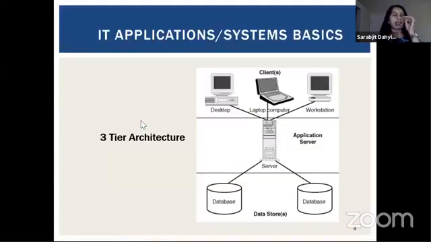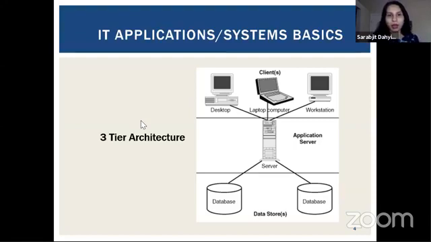So when we're looking at the business analyst role, from our standpoint, there are business analysts that support many different industries. We're talking about training business analysts for IT projects, IT systems. So I thought it would be helpful for everybody to get a very, very high-level picture of how IT applications and systems work.